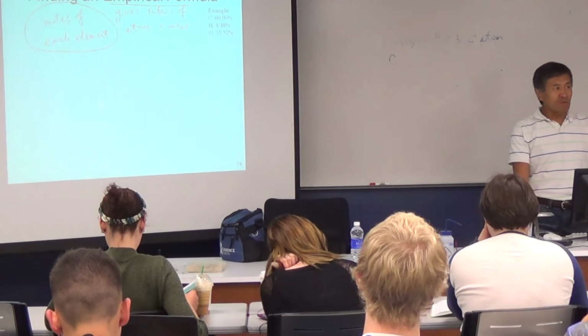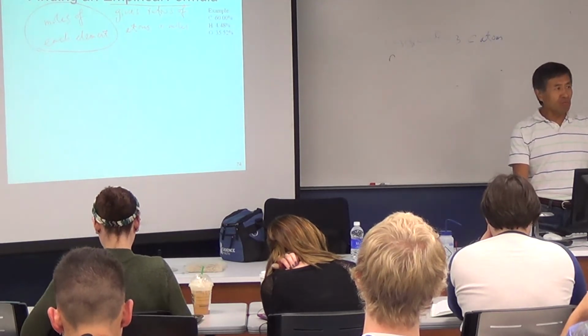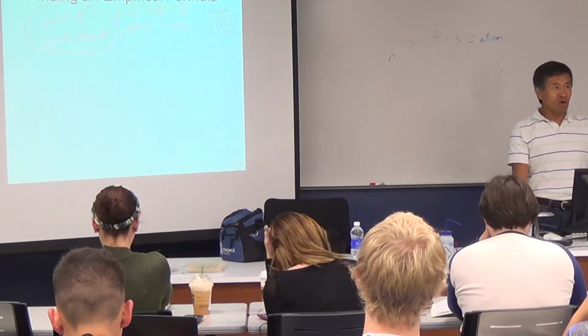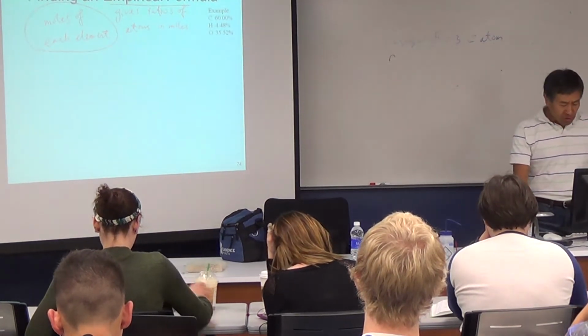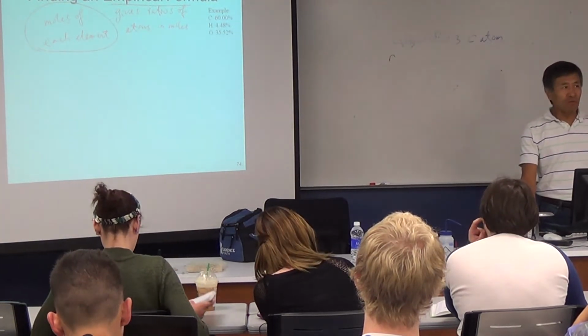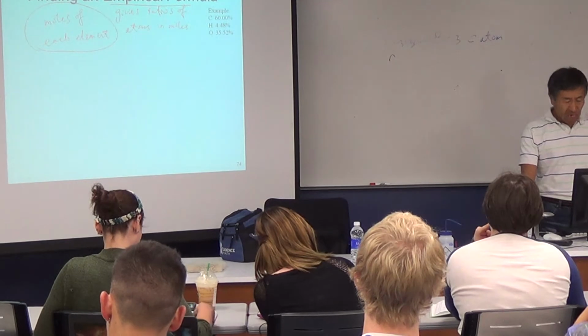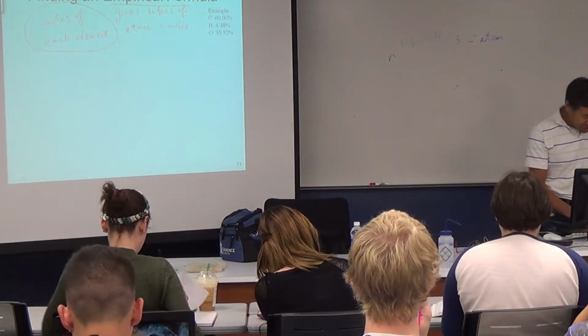If I give you the grams of carbon, you divide by the molar mass of carbon and find the moles. Now let's make the problem even more difficult. I don't give you the grams of each element directly. I will give you the percentage of each element, as in this example.